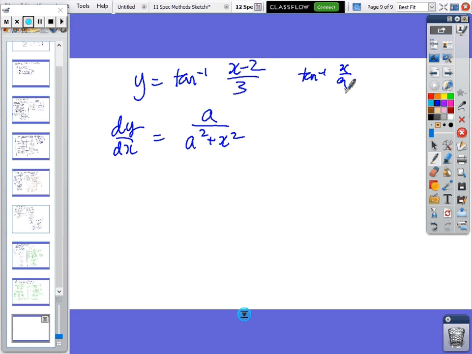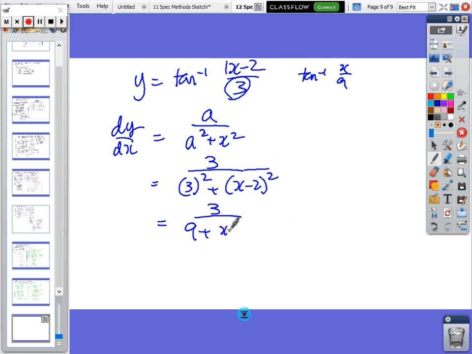That's the 3, so that goes upstairs. Then square that, so we've got 3 squared plus, now that's okay because it's just a single function. So we've got 3 over 9 plus x squared minus 4x plus 4.